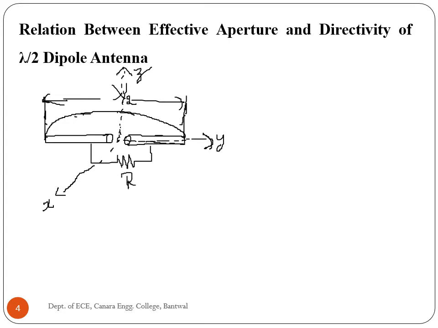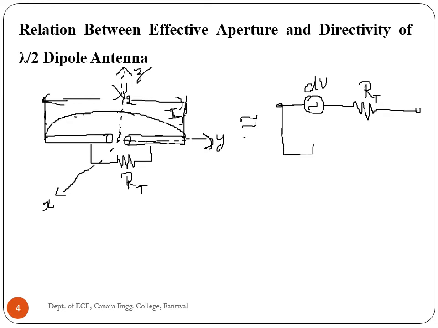Resistor in the antenna RT and current I. The equivalent circuit is shown, with dV, a small change in voltage, and this is A.